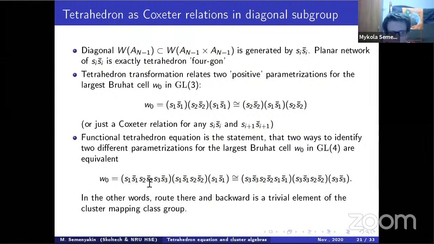So as you probably remember, I said that the functional tetrahedron equation is the statement that two ways to identify the product of 6 Lax operators are equivalent.